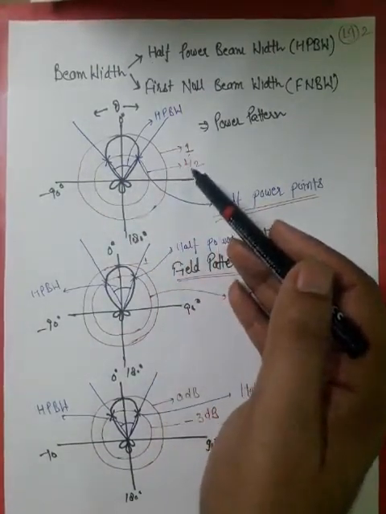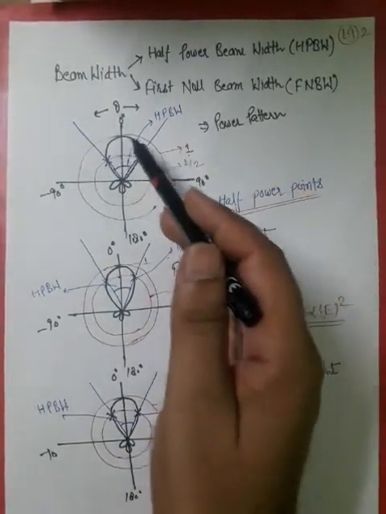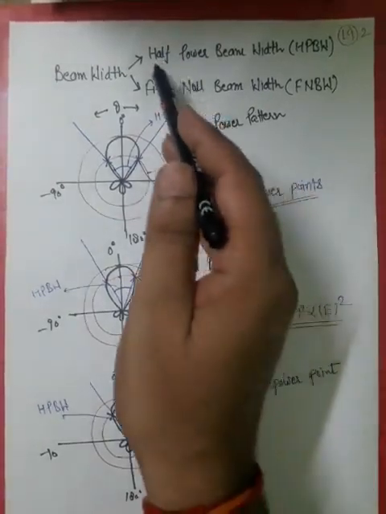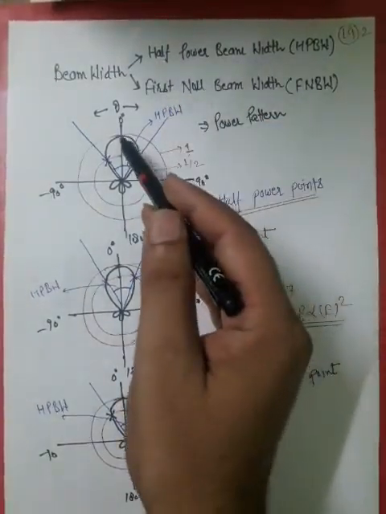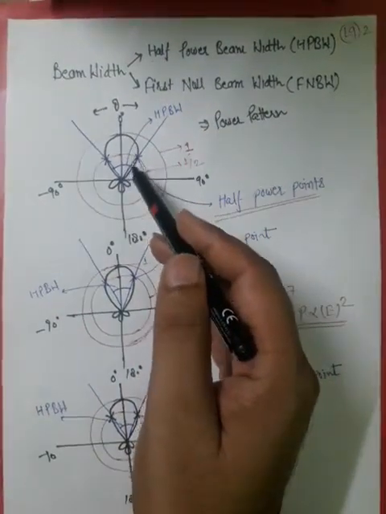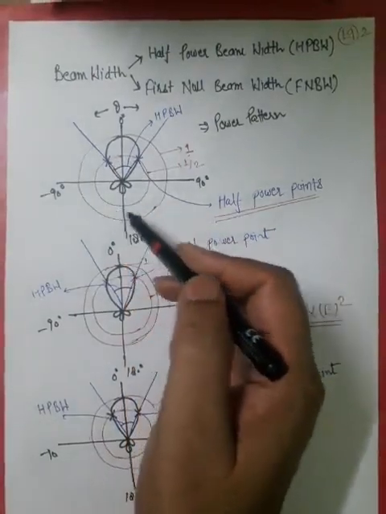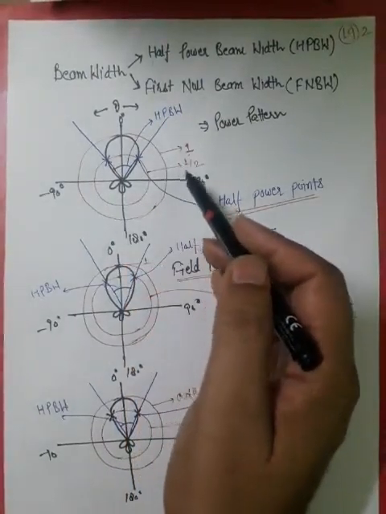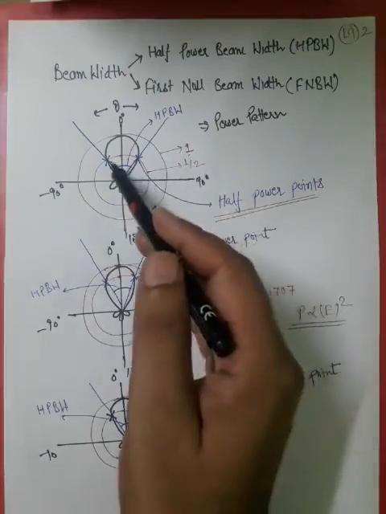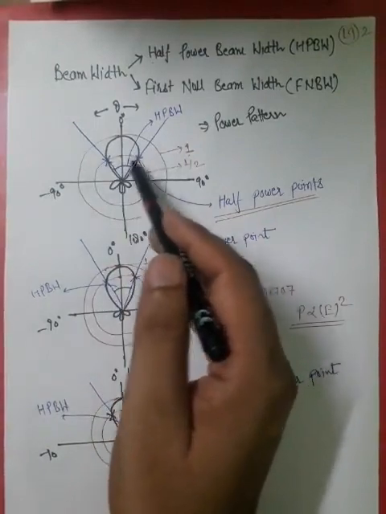I have drawn two circles here, the outer circle representing value 1 and the inner circle representing value 1 by 2. As it is a power pattern, for half power beam width we first have to locate the half power point. The half power point is the circle having value 1 by 2 or 0.5, cutting this radiation pattern at these 2 points.